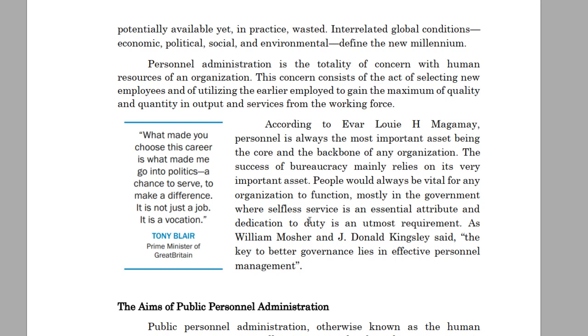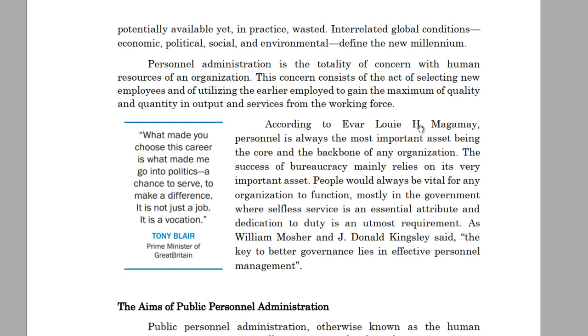We are public servants and, unlike other employees in the private sector, we do not really have so much compensation. We do not have a very big salary because this is a vocation. We are servants. We are serving the people, and this is not only for earning money.